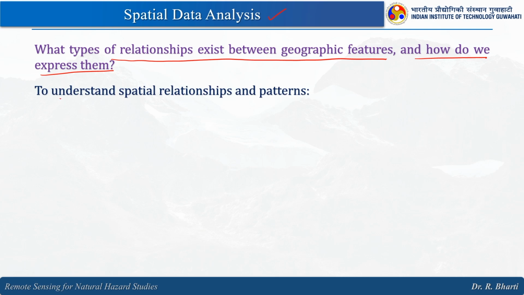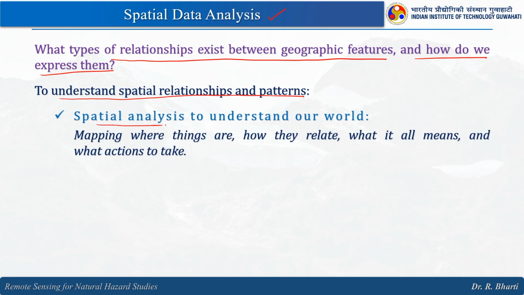To understand spatial relationships and patterns, we have spatial analysis to understand our world, mapping where things are, how they relate, what it all means and what action to take, right. So, once you have the information, then you can go for the decision support system.